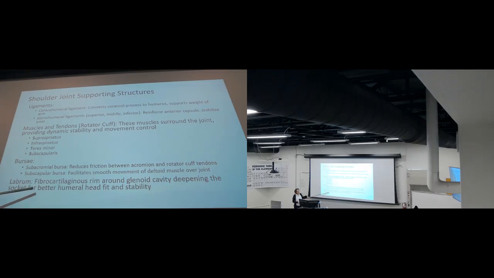And this one is located more inferiorly because that's where the head of the humerus will tend to fall more when the bone dislocates out of the glenoid cavity. So it's a rim of fibrocartilage that helps to deepen this cavity.